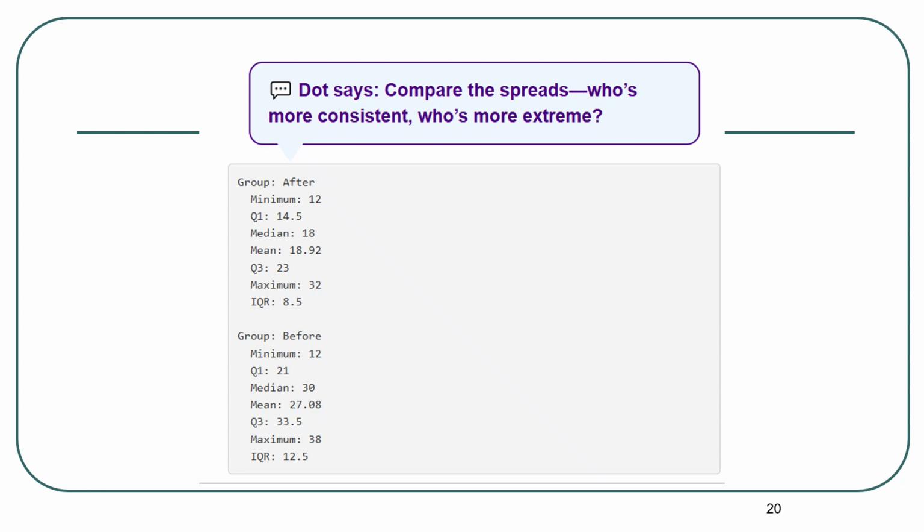And the median values, as you see, 18 hours, only 50% of my 12 workers worked less than 18 hours in the after Christmas case, while 50% of my workers worked below 30 hours in the before Christmas group.